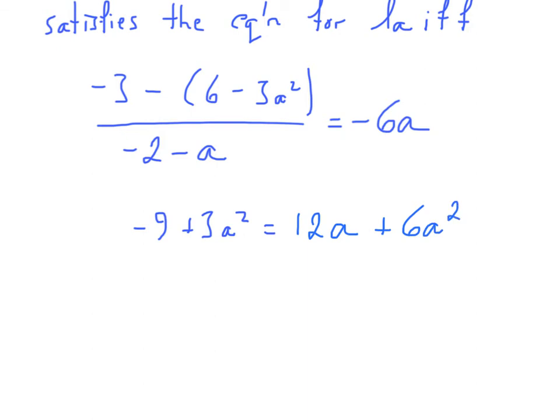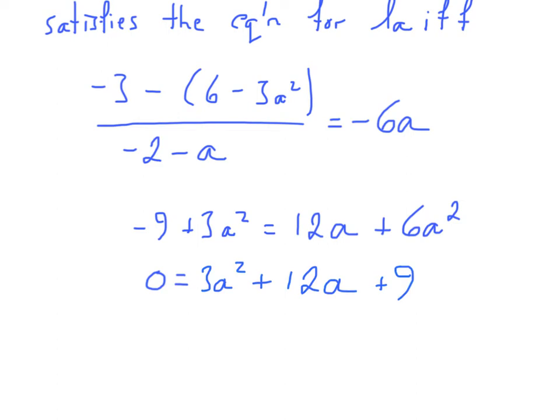When is this true? Well, let's take everything over to the right-hand side, and we'll have 0 on the left. We'll have 6a squared minus 3a squared, which is 3a squared. Still, we have this 12a, plus, and then this -9 we've taken over to the right, we have plus 9. So we're just trying to solve for a when this particular quadratic in a takes the value 0.